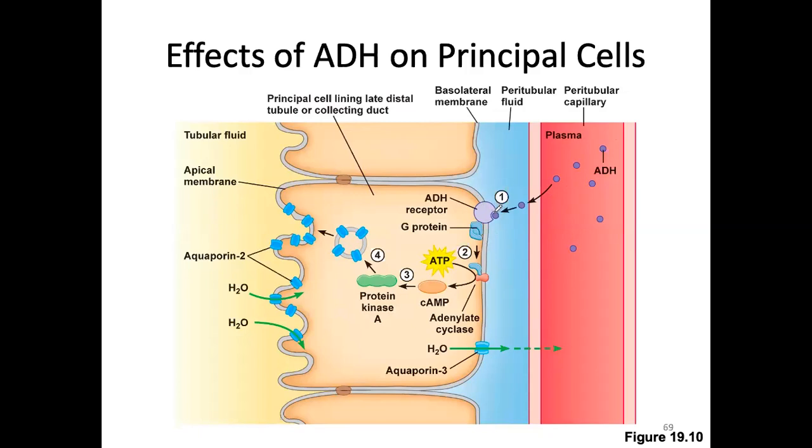And then it's going to turn on a G protein mechanism, which is going to activate cyclic AMP, protein kinase A, and cause you to exocytose this vesicle of aquaporins into the plasma membrane. So you get more aquaporins on that apical membrane. More aquaporins, more water getting pulled into the cell and then into the bloodstream.